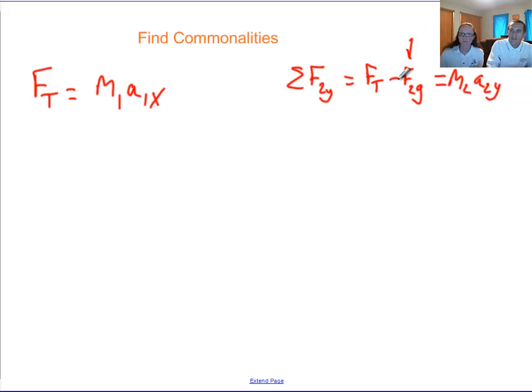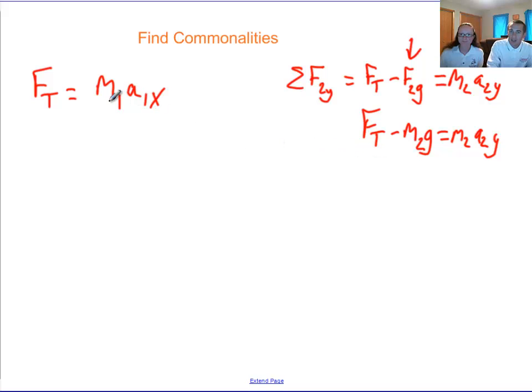Now, what's F2g? That's the weight, so we can substitute in again: Ft minus m2 g equals m2 a2y.